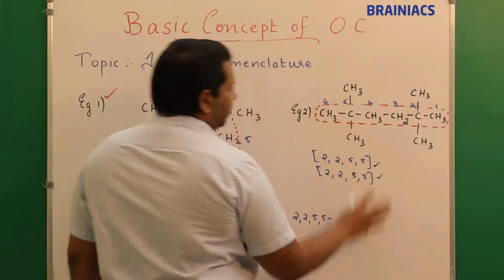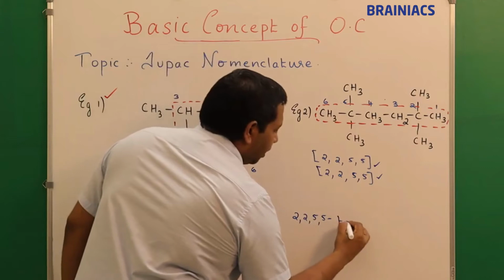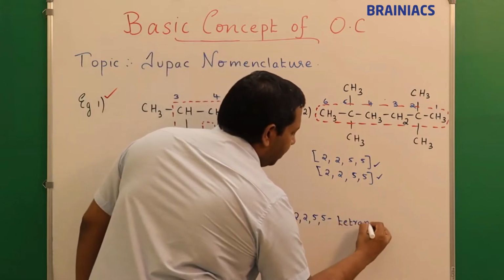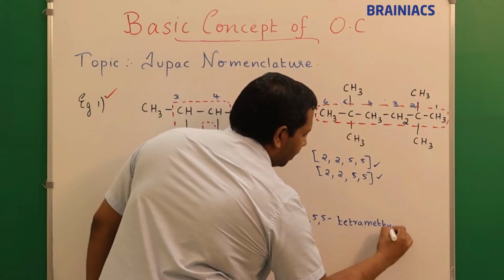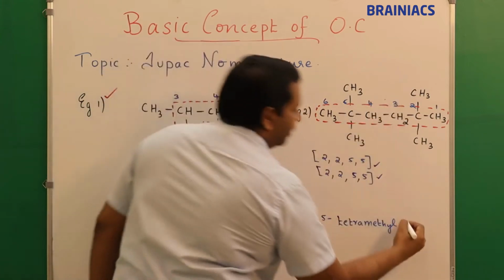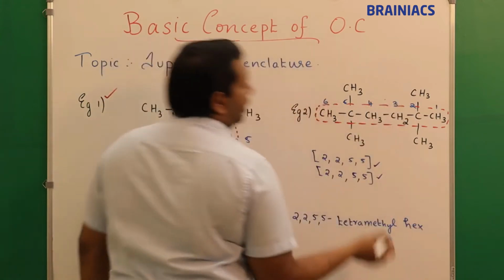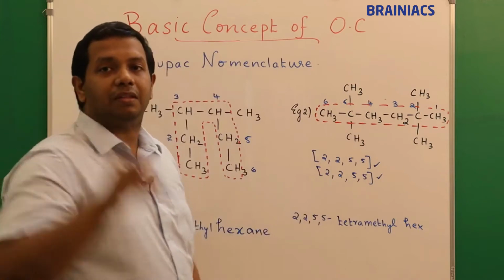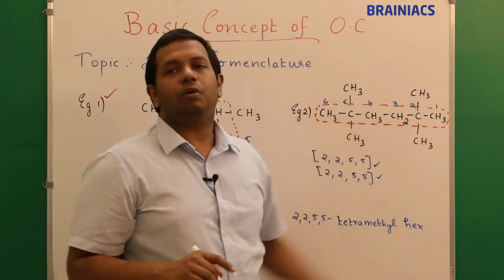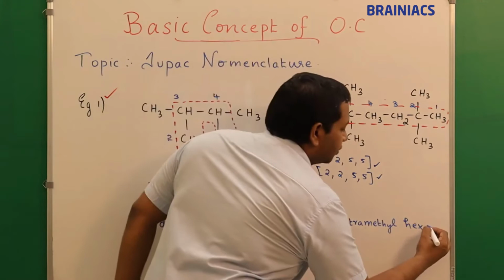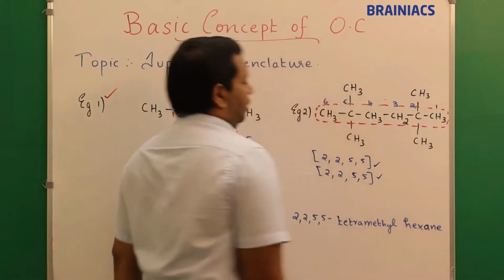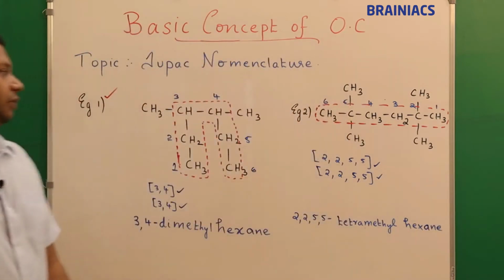Then tetramethyl. The parent, we know the word root is hex. Then next I will go for primary suffix. All are linked through single bonds, so my term will be ane. So hexane. So this is the IUPAC name for the second compound: 2,2,5,5-tetramethylhexane.